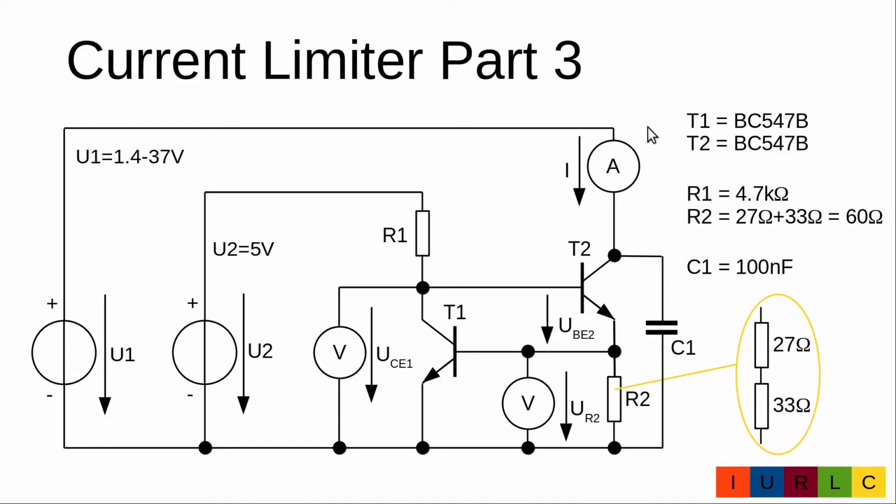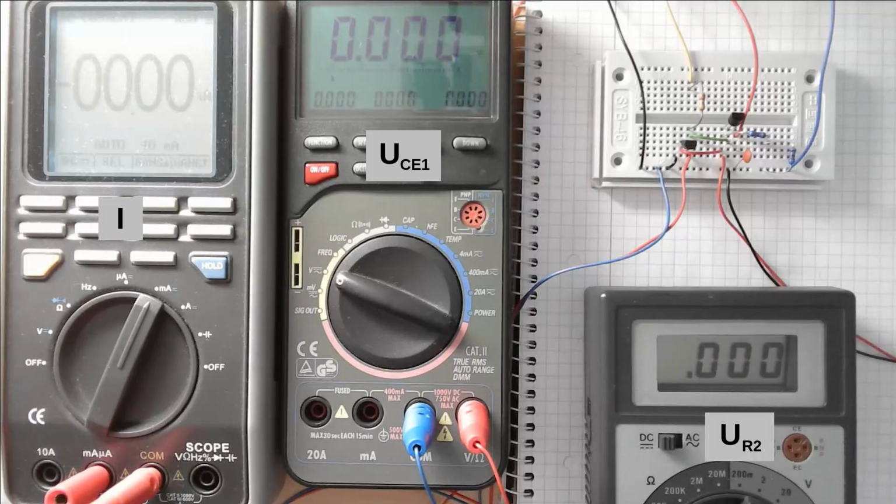During our experiments, we measure the current I_E, the collector emitter voltage of transistor T1, and the voltage at the current sense resistor R2. The capacitor C1 should be in the range of 10 to 100 nanofarad and avoid oscillating of the circuit with long supply lines.